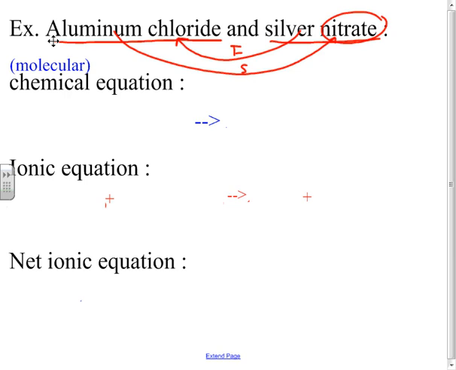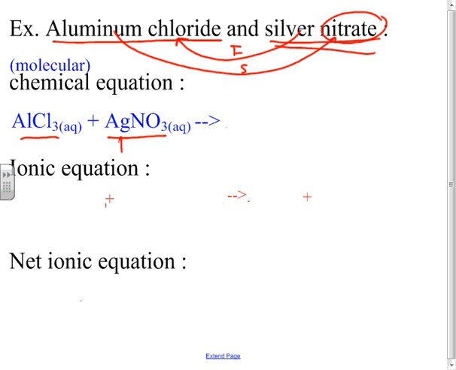And so now if we get a precipitate, the silver chloride, we then need to write the molecular or chemical equation. So we start with the compounds we're given, aluminum chloride, AlCl3, and silver nitrate, AgNO3. And then this is going to be a double replacement reaction.